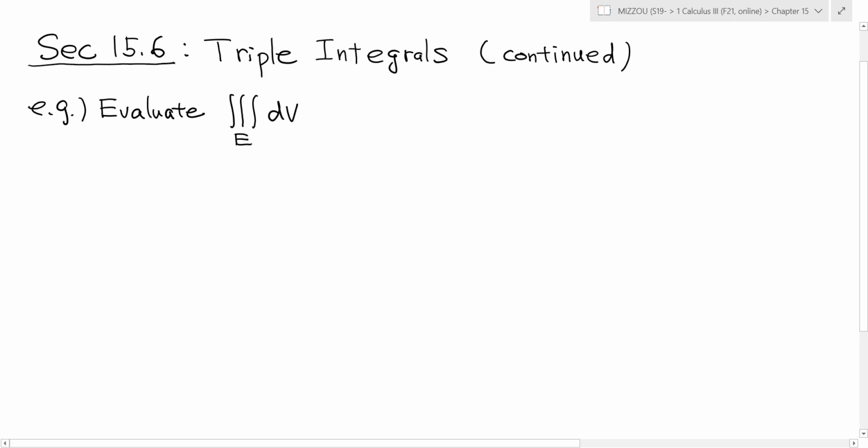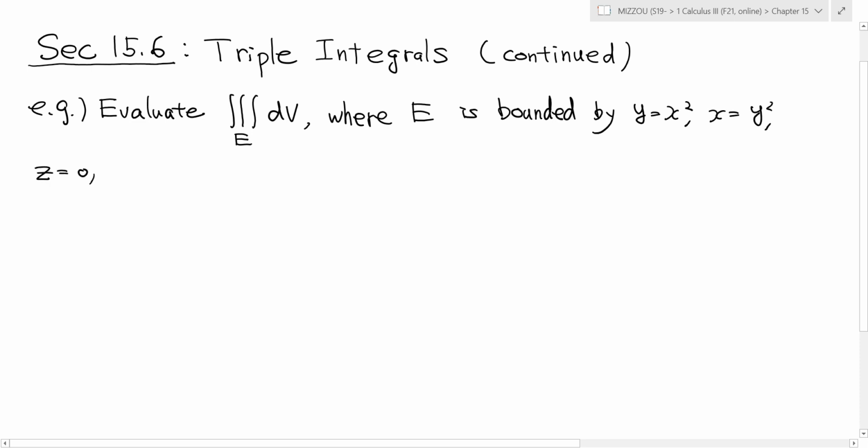Integrate this where E is bounded by y is equal to x squared, x is equal to y squared, and z is equal to 0, z is equal to x plus y in the first octant.